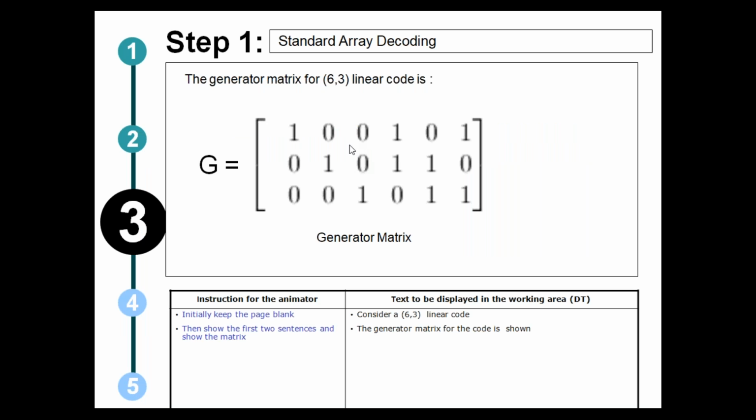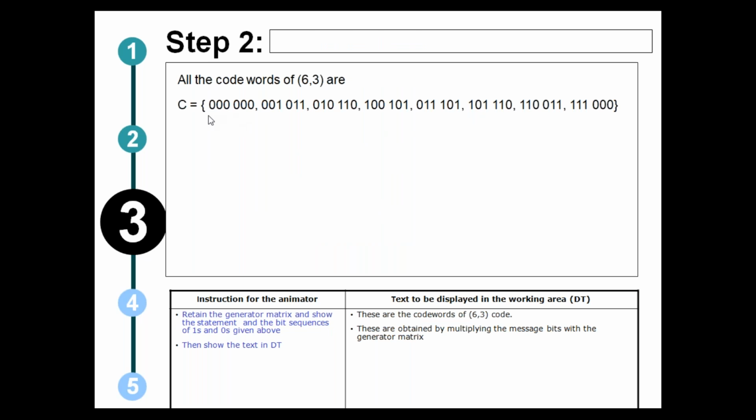Here is the generator matrix of that particular (6, 3) linear block code, and corresponding to that the code words are generated. The code words are given here, that is 000 000, 001 011, like that 8 code words.